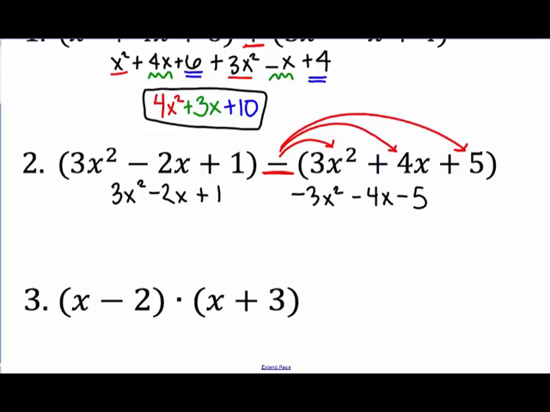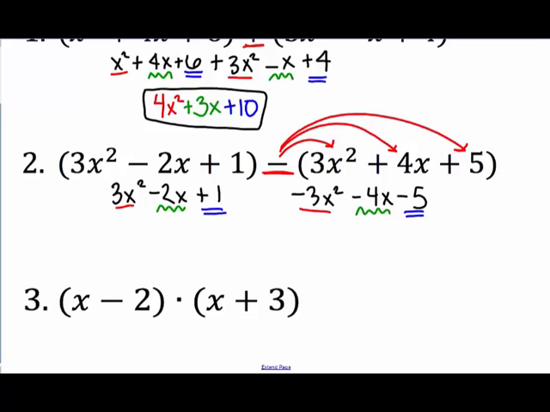And so now I can combine my like terms, but first I need to underline. So I have my x squareds, I have my x's, and I have my constants. When I combine my x squareds, I'm going to have 3x squared and a negative 3x squared.